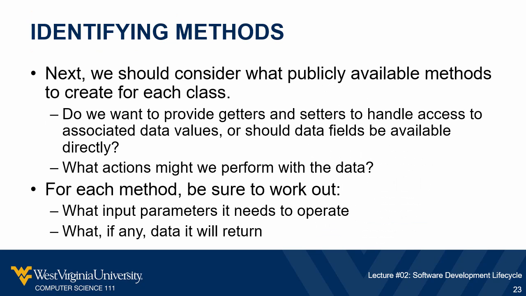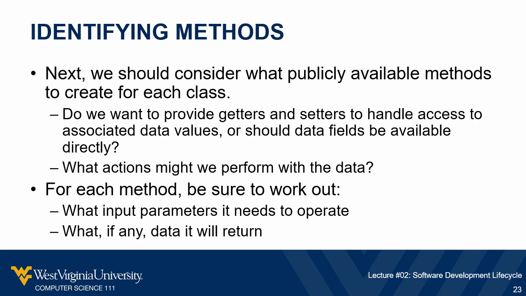Looking at the pieces of data that we've identified in our requirements list, we want to think about what methods we want to make available for each of our classes. And again, we're looking at methods that would have a public access modifier on them. We're looking at things that are going to be used outside that class right now. Since we have data pieces, a good place to start is to figure out how we want to access that data that we've defined.